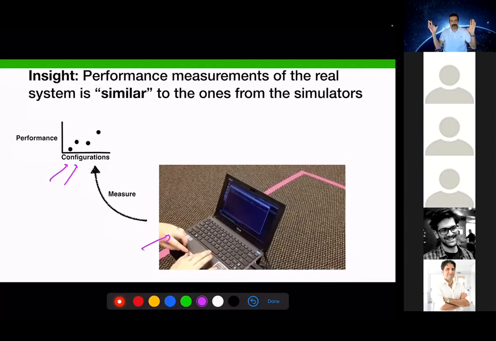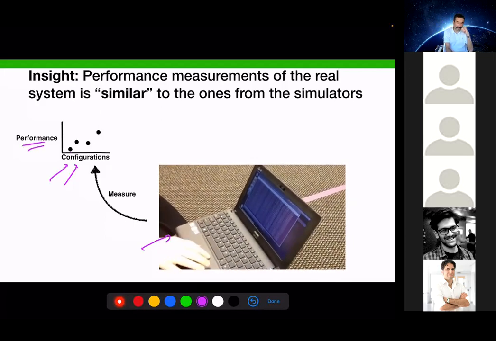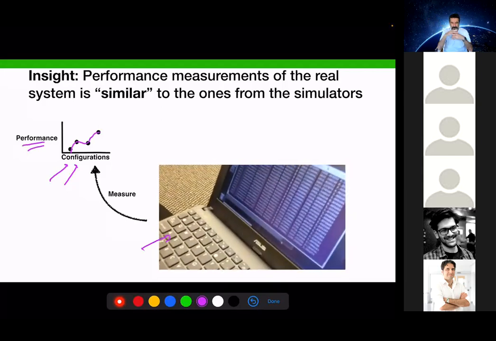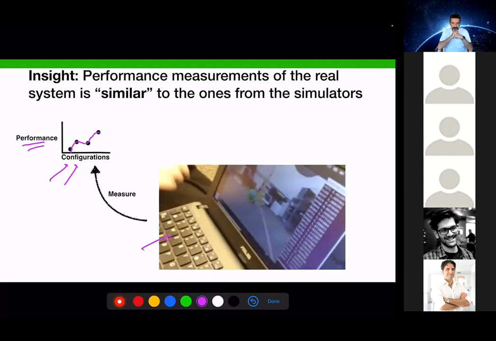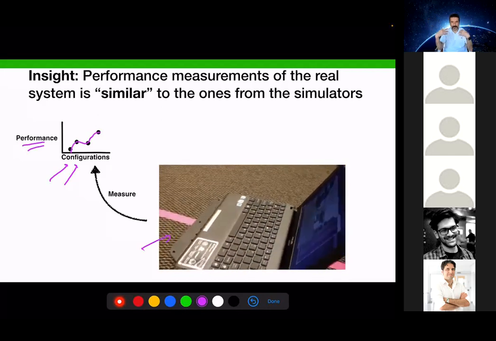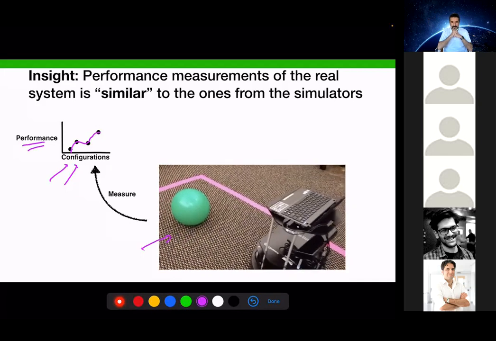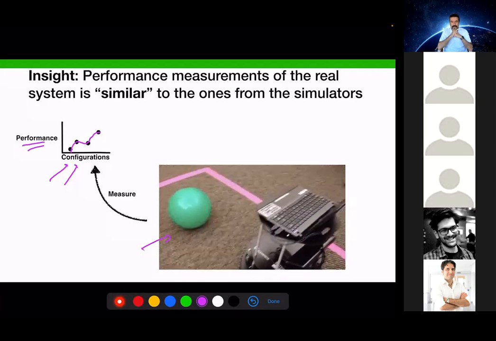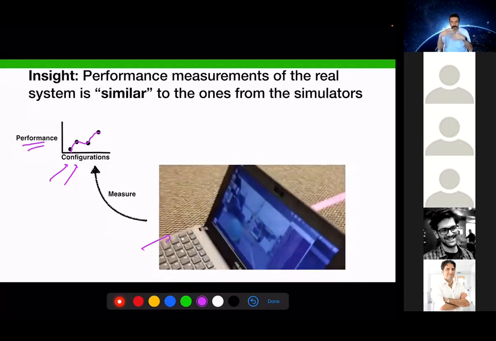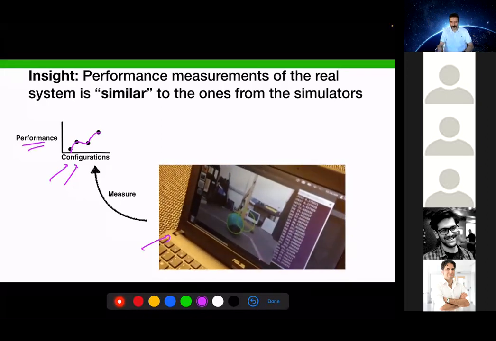Typically, you have many dimensions, you measure performance, and you can get some mathematical representation of your performance behavior. And obviously, within this space, you are not able to measure all configurations, but you want to have some extrapolation for the configurations that you have not measured, using the expressive power of the model.